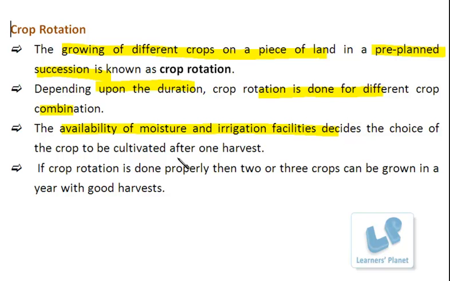So all these things are very important when we have to select the type of crop in the crop rotation. If these requirements for different types of crops are planned in a proper manner, then I can say that this crop rotation can be done in the same field for around 2 or 3 crops in the same season, in the same year actually.